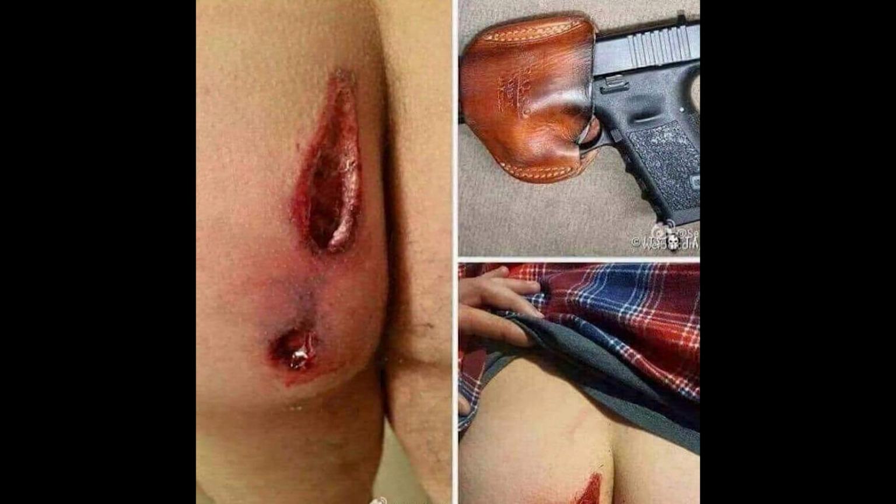A word of warning here: if you carry a 9mm or a handgun, particularly in a holster, this image here is of a 9mm that discharged in a holster tucked down the back of someone's pants. And it's a good illustration of the damage done at point blank range by a low velocity round, a 9mm round. So this pistol has activated, the projectile has punched through this person's buttock, and you can see the tissue damage done by that projectile.